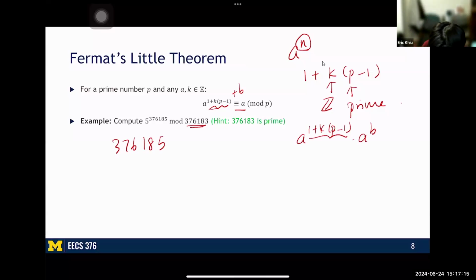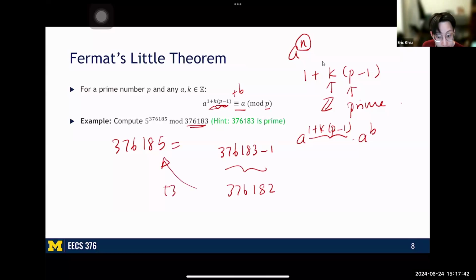Actually, no, we have to use this for our p because it is equivalent to a in mod p. So we know that the difference between these two numbers is just 2, right? And let's just try to write this form first. So 376,183 minus 1 will give you 376,182. And then to make up to this number, we need to add 3 more, right?